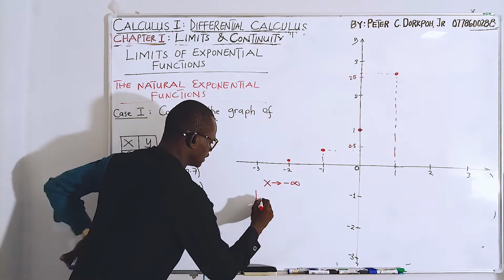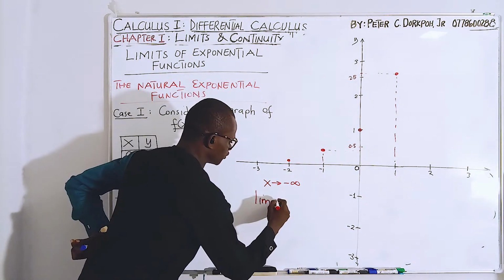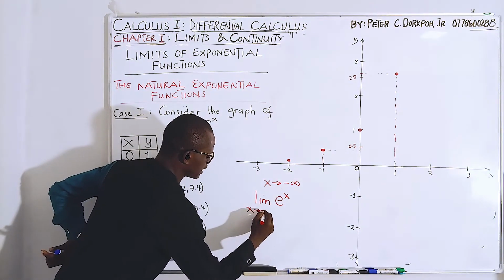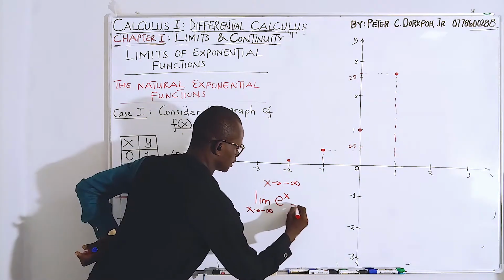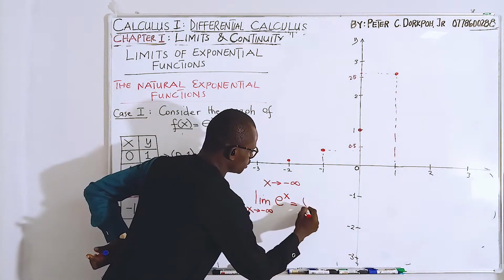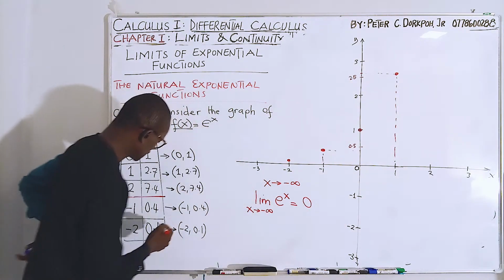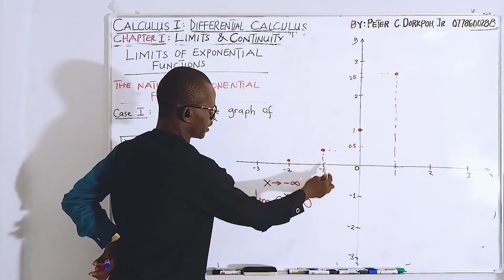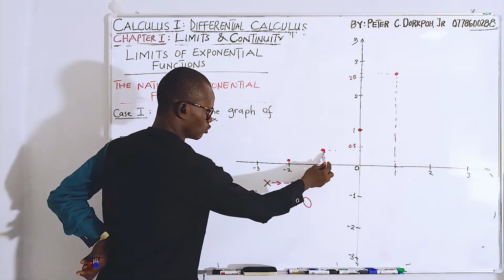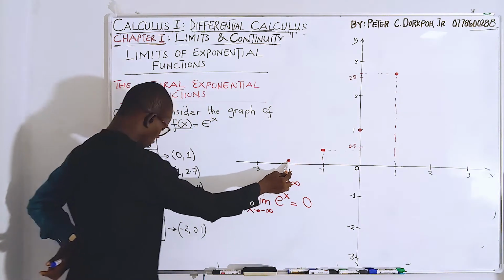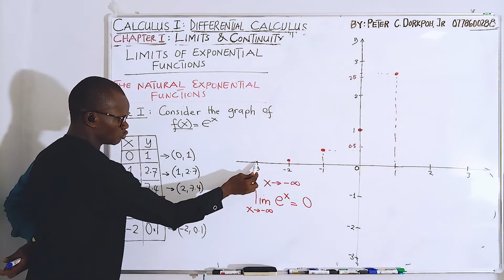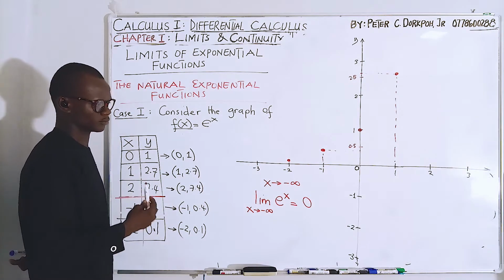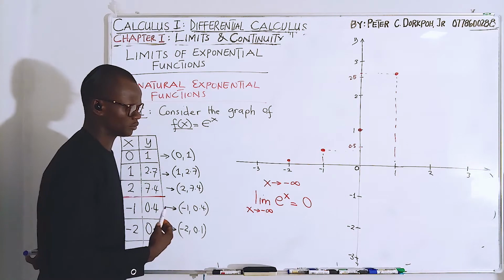So we can write that in a limit form: the limit of the function e raised to the power x as x approaches negative infinity is equal to 0. You see it went from 0.4 to 0.1, and the next one might be 0.0 something. It's just going to be approaching 0.